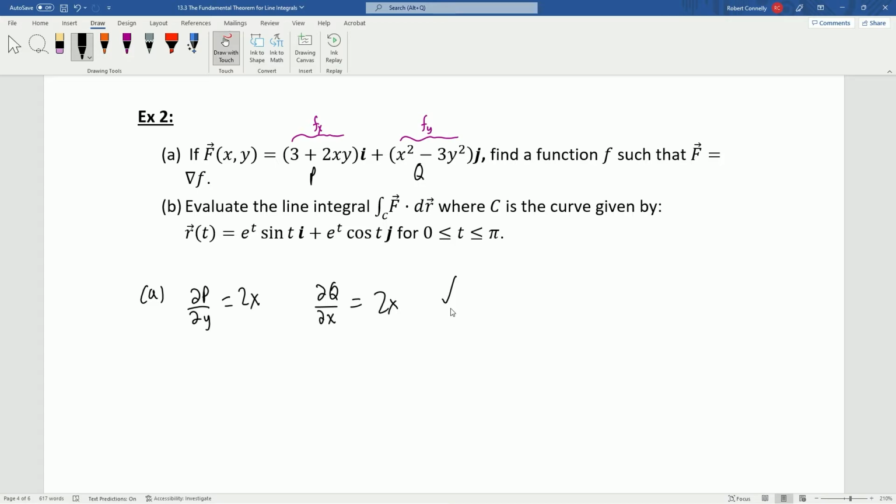Now, how do we find such a function? Well, actually, what we just wrote up here is the big hint, right? So this P is the derivative of f with respect to x. So f needs to be the integral of P with respect to x.